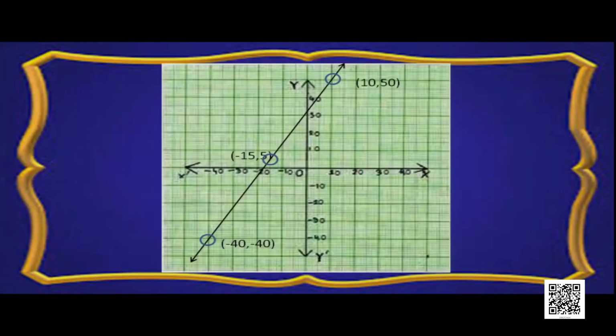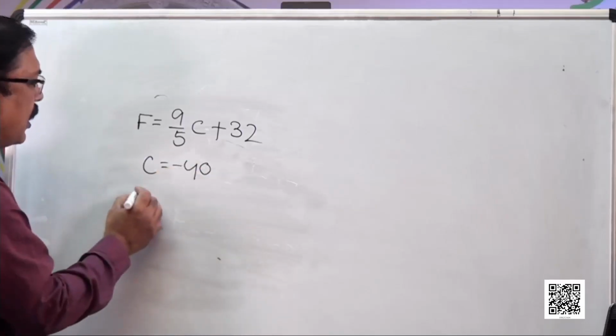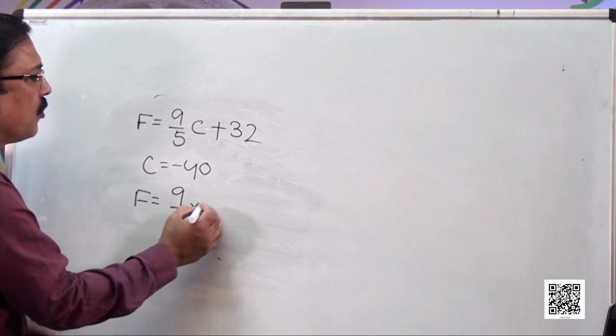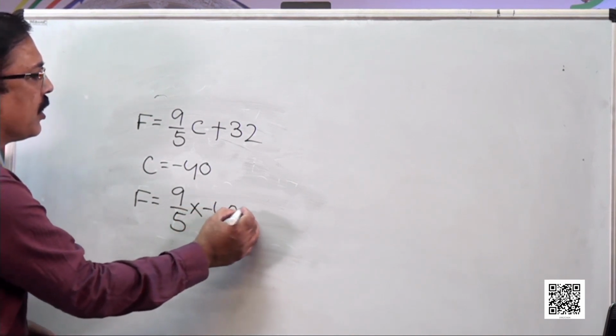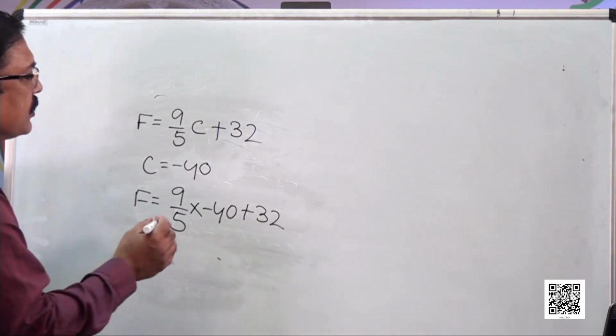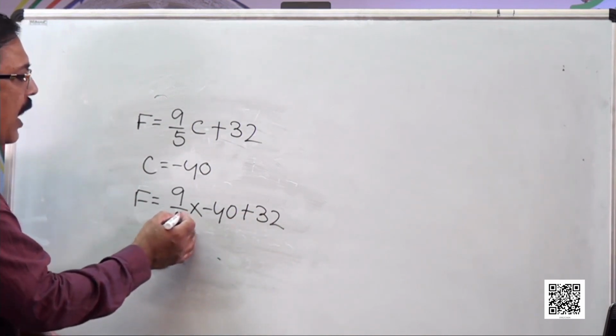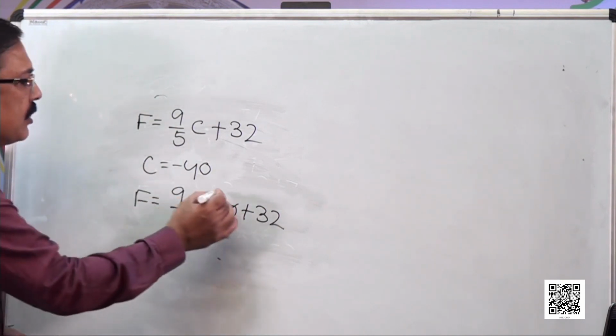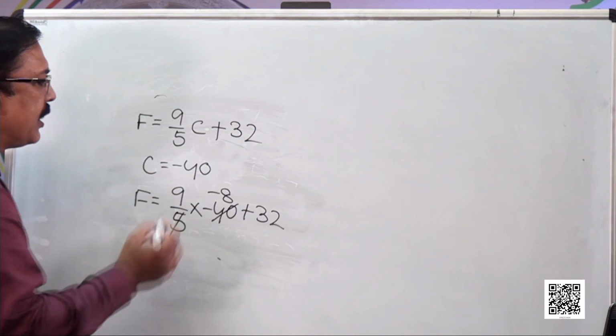If C is minus 40, then F is equal to 9 by 5 into minus 40 plus 32. That gives 5 into minus 40 cancelled, that is minus 8.